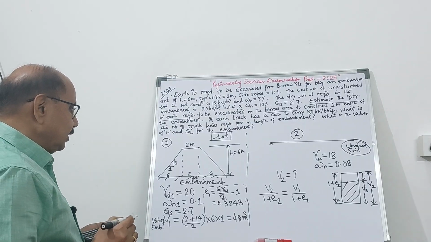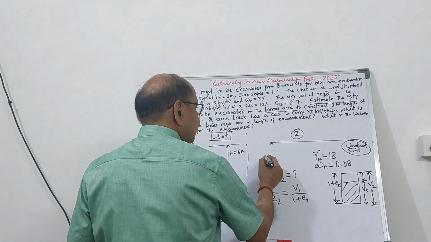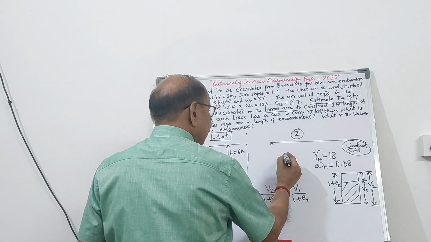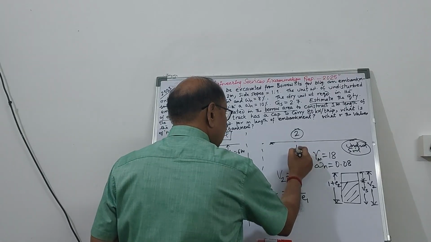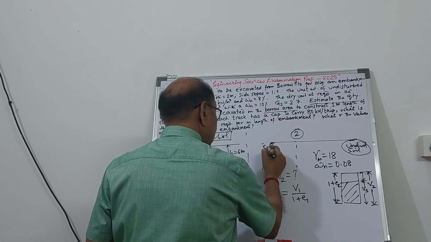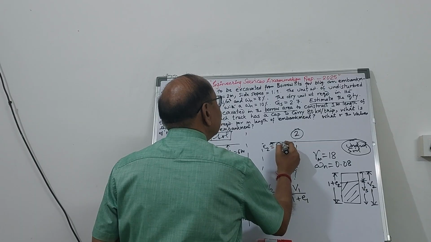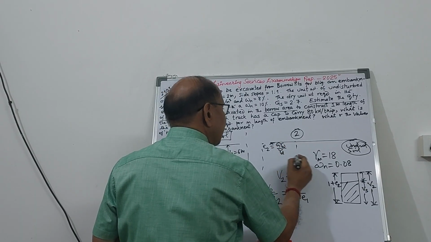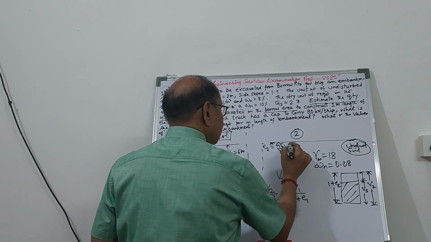Similarly, for the undisturbed borrow area, you can find out the value of E2, which will be G gamma W upon gamma D2 minus 1.